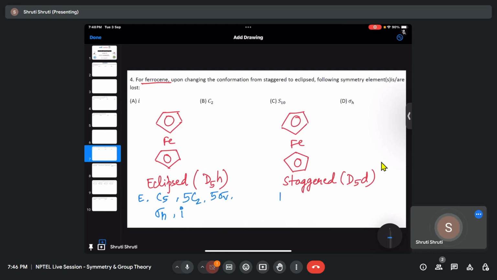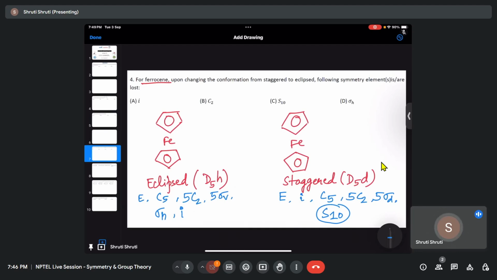For staggered, we have E, it also has i, C5, 5C2, 5 sigma d, and S10. How S10?